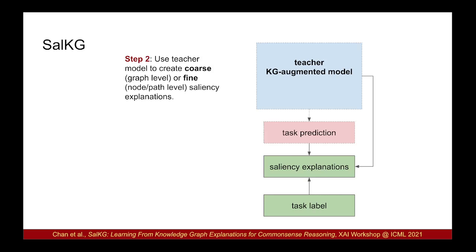Second, we use the teacher model to create coarse and fine KG saliency explanations. Coarse explanations are graph level and tell us if the KG is useful for solving the given instance. Fine explanations are node or path level and tell us which nodes or paths in the KG are useful for solving the given instance.